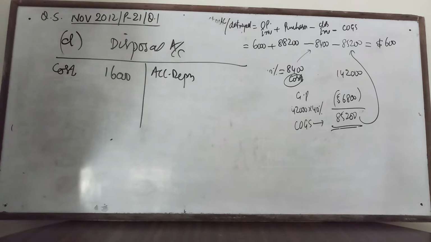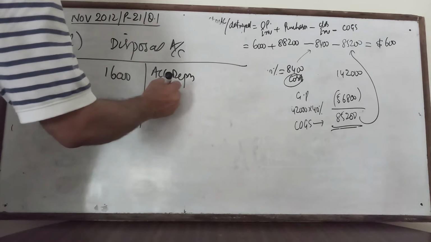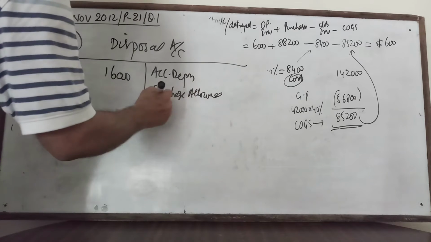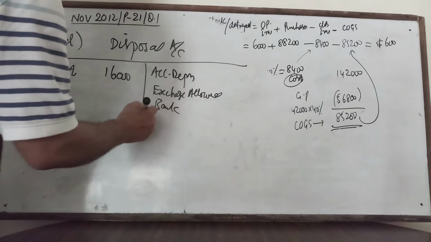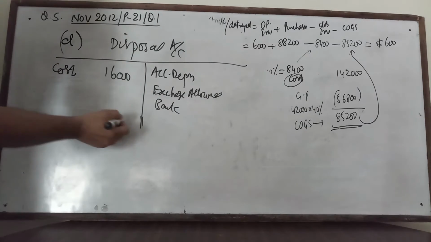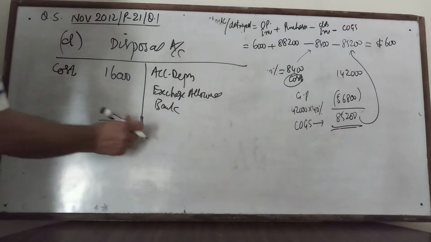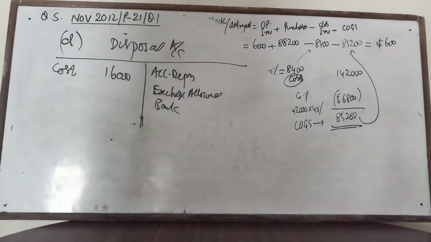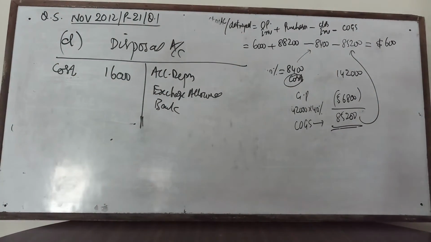This vehicle has been exchanged, and the exchange allowance and the sold-for amount, the difference you can find as loss or gain. The accumulated depreciation you have to count for the years the equipment was held before being sold. I'm just reading the depreciation policy: Aziz depreciated his vehicle at 25% per annum using the straight line method.